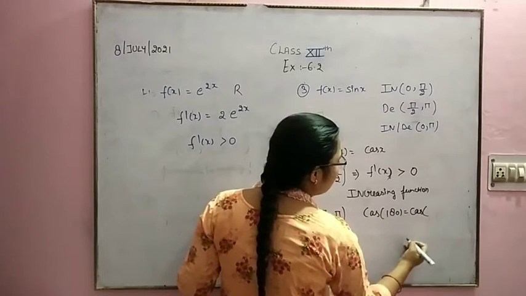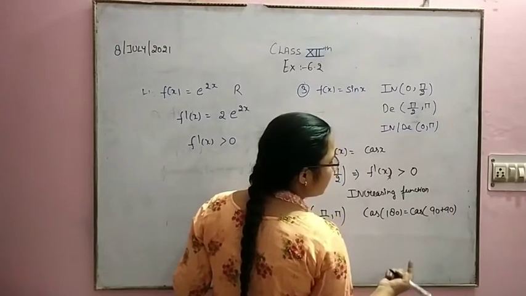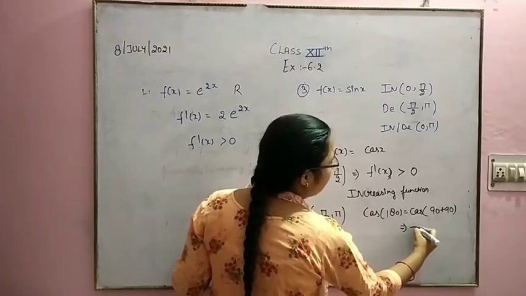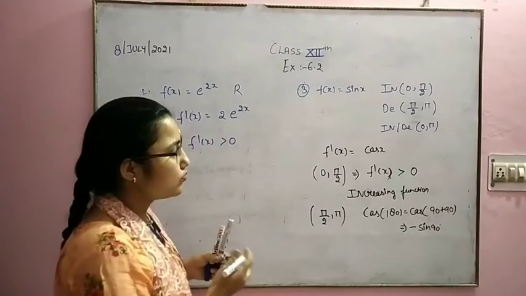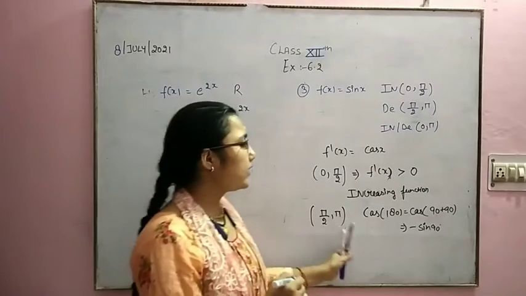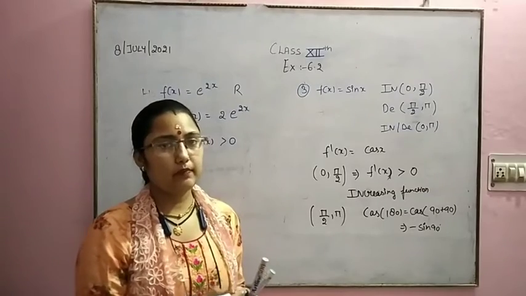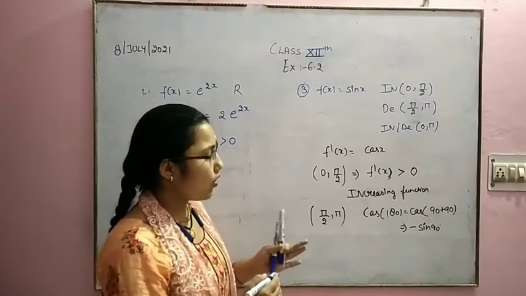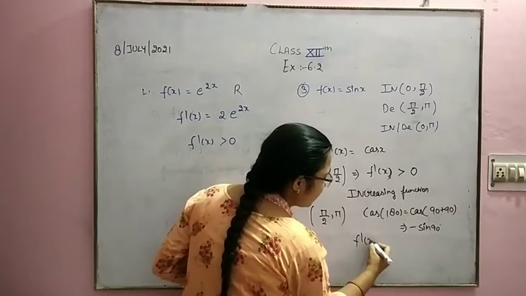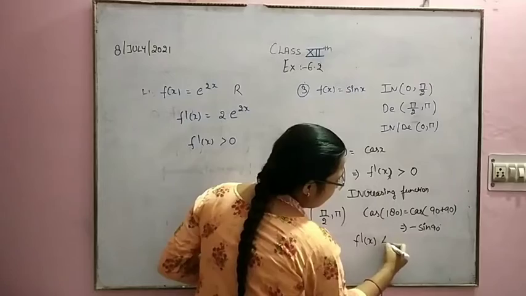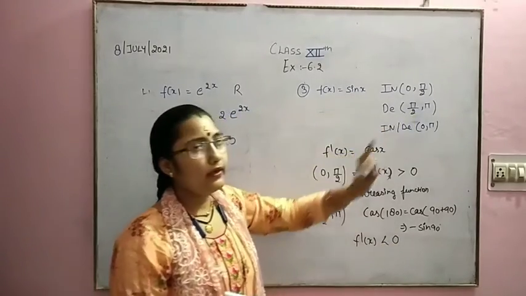For cos 180 we write 90 plus 90, and 90 plus theta belongs to the second quadrant, so we get minus sine 90. Correct. So minus values will come, because 90 to 180 thetas are converted into the range of the second quadrant, that means 90 plus theta, and we get negative values for cos. Correct. So f dash x is less than 0 for the limit pi by 2 and pi.